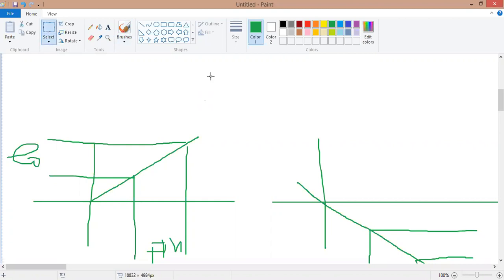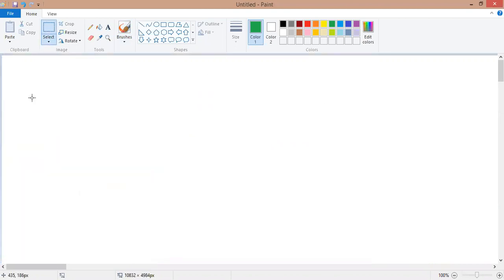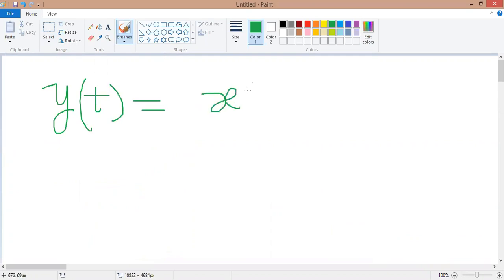I want to write first the received signal at the receiving end. y(t) is equal to the input signal that may be transmitted in terms of x(t), and that may travel over a certain path.